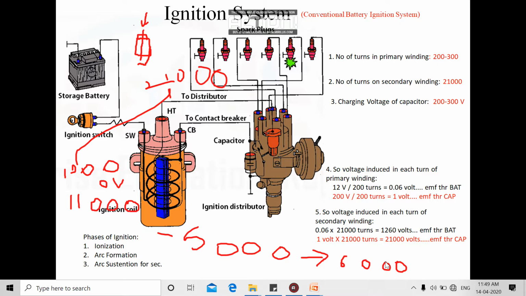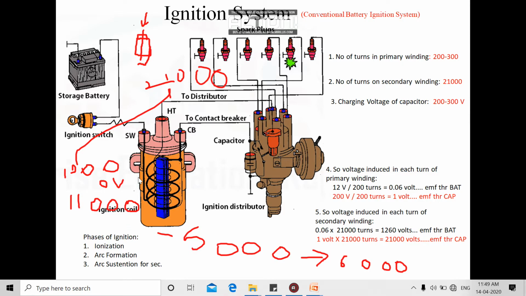So first we have to make ionization. What is ionization? It forms or generates a charge carrier.